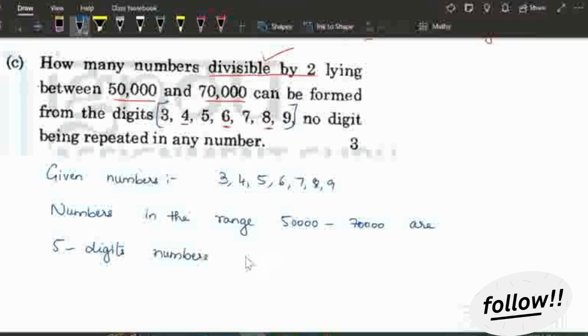So instead of taking the ending digit, you can also take the starting digit, starting with 5 or 6. The number cannot start with 3, cannot start with 4, and it cannot start with 7, 8, 9 also. The starting digit should be either 5 or 6. Only then it will be in the range 50,000 to 70,000.